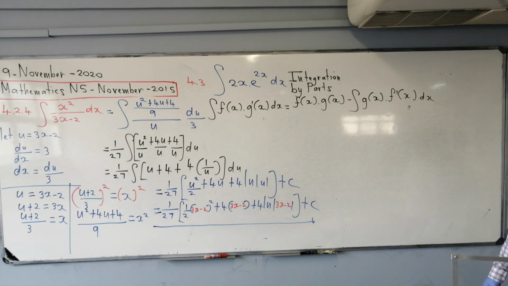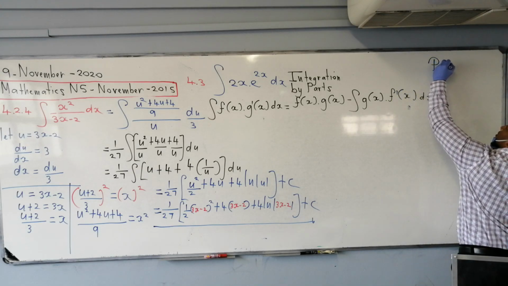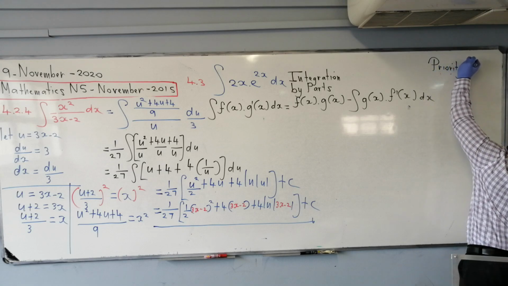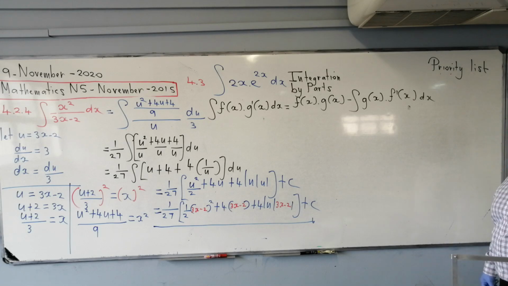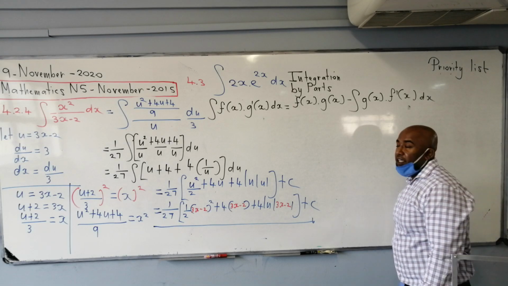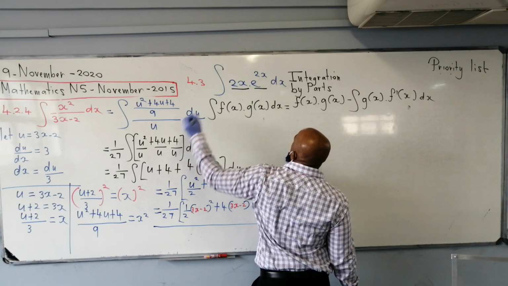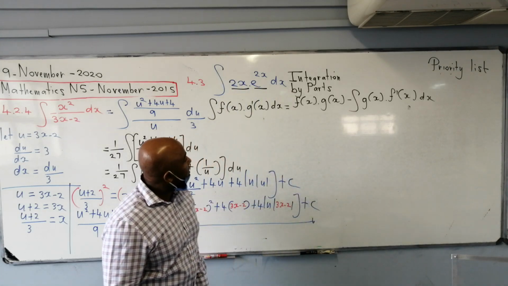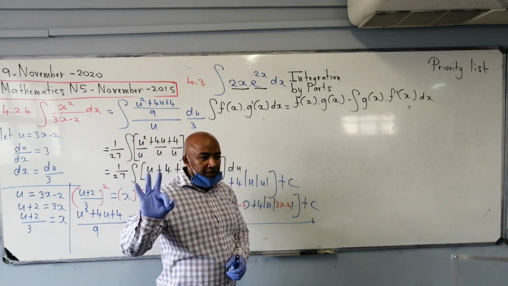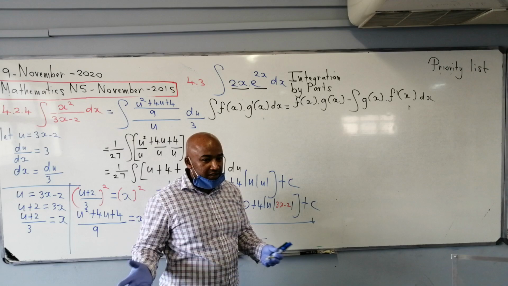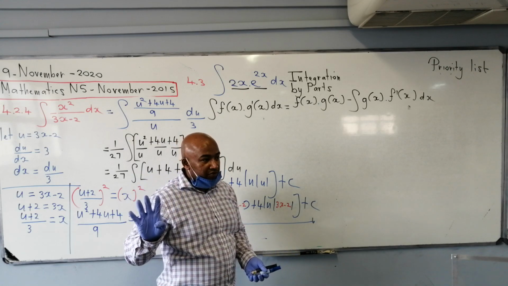In integration by parts, you go to your priority list, and you start checking what number is 2x on the priority list, what number is e to the power 2x. So 2x is number 3. That priority list must be in your head. 2x is number 3, power exponential is number 4.